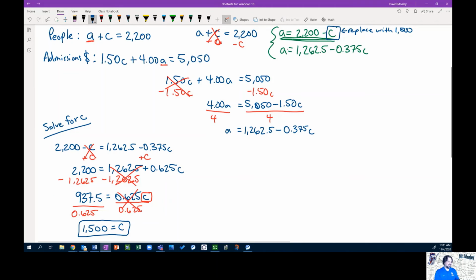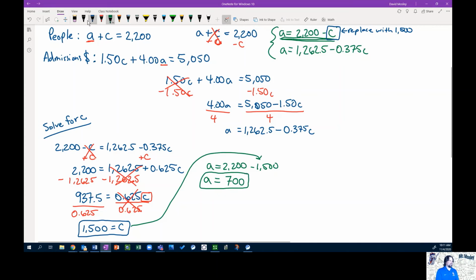That will give me the value of A. So A equals 2,200 minus 1,500. Again, that comes from here. And we get that A equals 700.